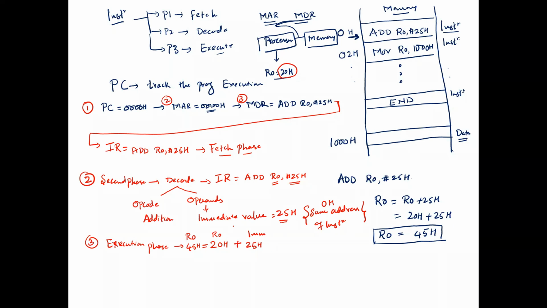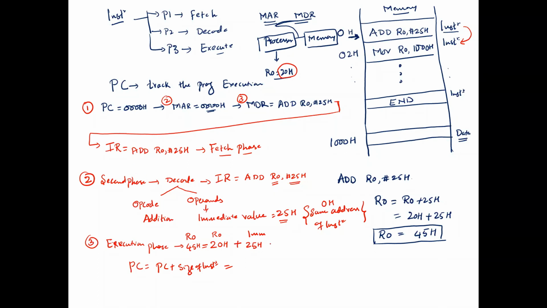Now after executing this instruction, where will it move? It will move to the second instruction. Once the instruction is executed, the value of PC will be pointing to the next instruction, that is PC plus next address, or you can write the current value of PC plus the size of the instruction.